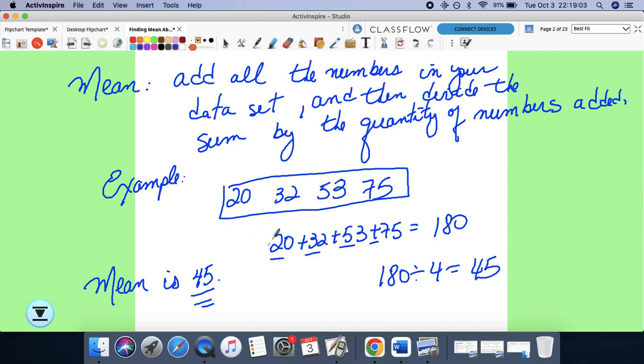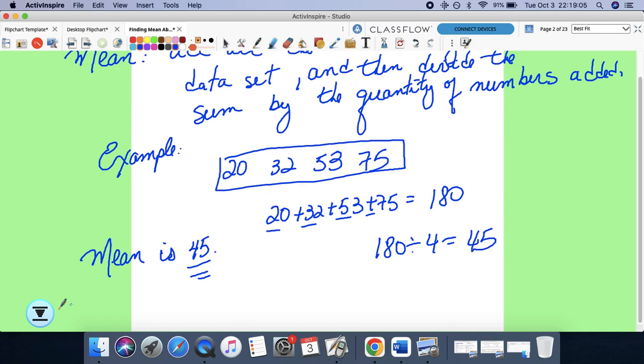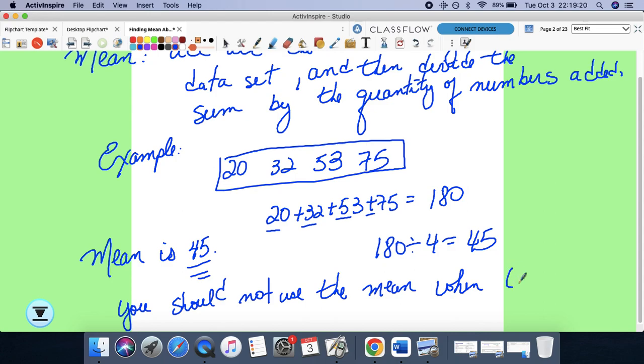But what you need to know is that you should not use the mean when there are outliers. So think of an outlier as a number that doesn't really belong to the group. So that's not a great example.